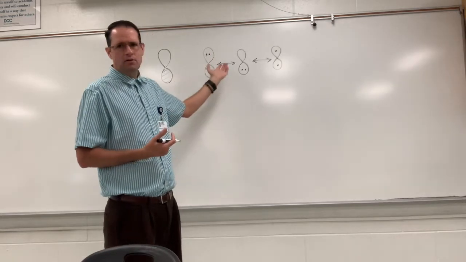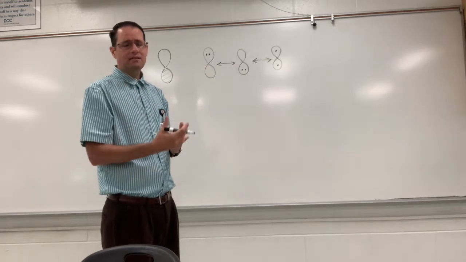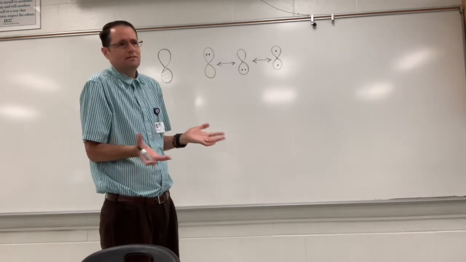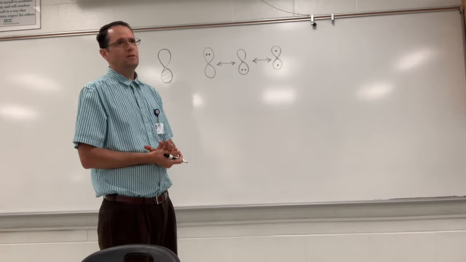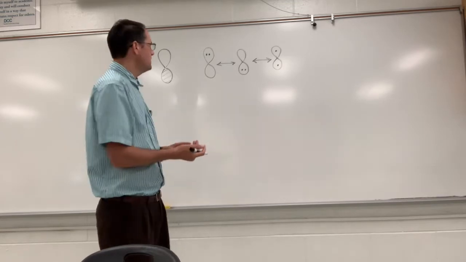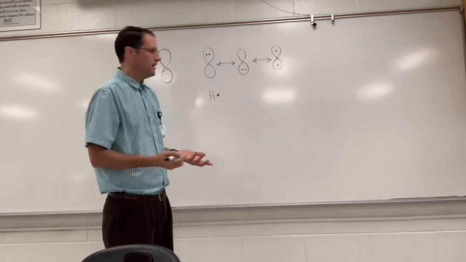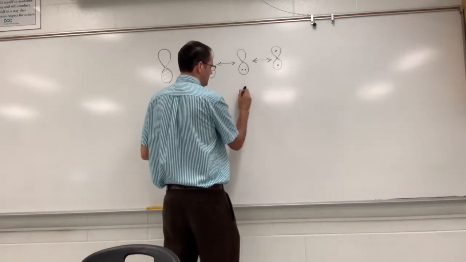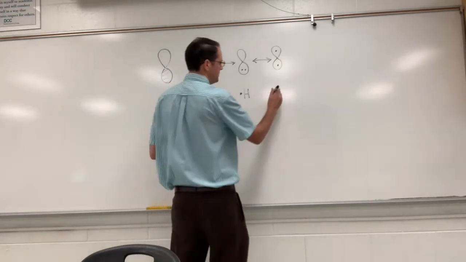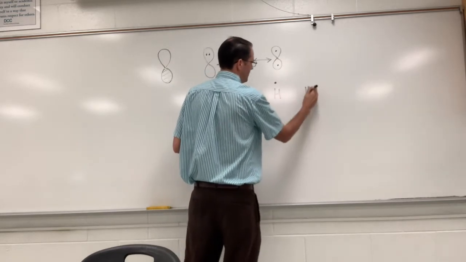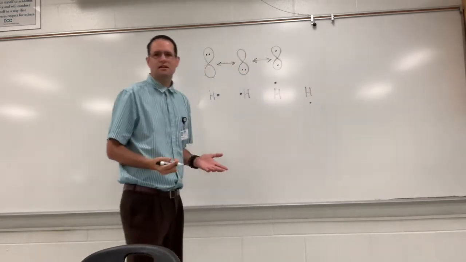Okay, as you know, in Lewis structures, you have to add the dots, and it doesn't matter where you put the dots, right? So, for example, hydrogen has one valence electron. It's okay if you put the dot on the right. It's okay if you put the dot on the left. It's okay if you put the dot on the top. It's okay if you put the dot on the bottom.